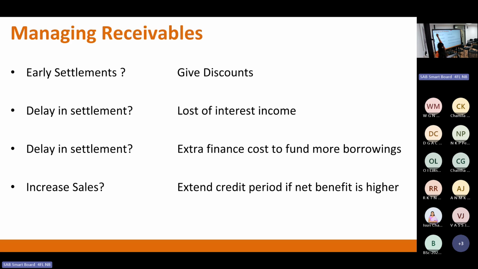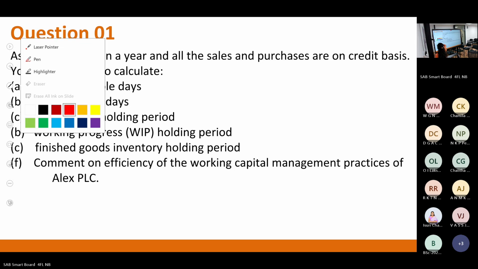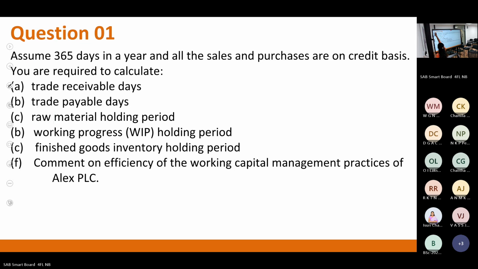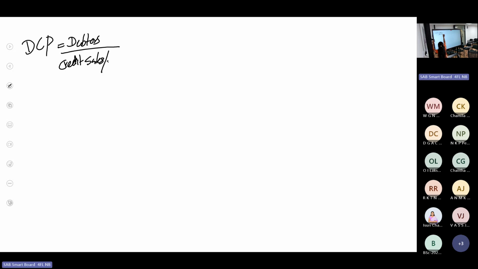First one, raw material consumption period. So starting from trade receivables, no? Debtor conversion period. How can we find it? Debtors divided by credit sales divided by 365.